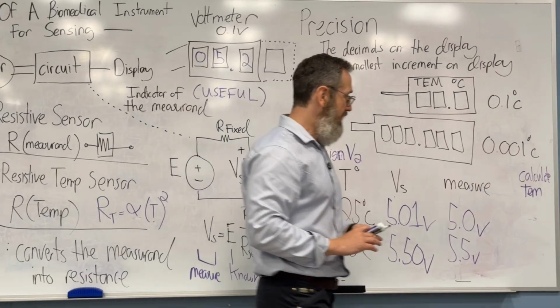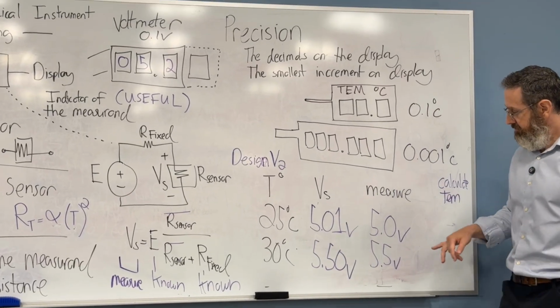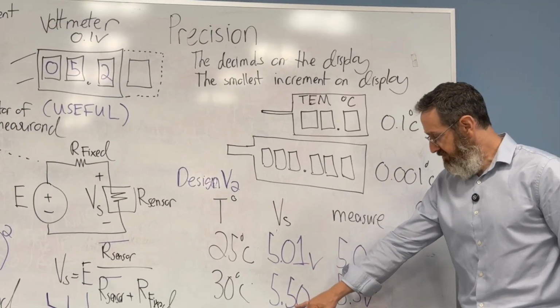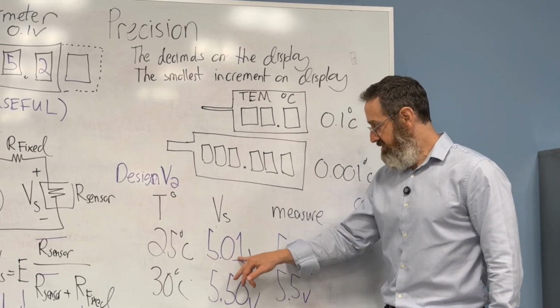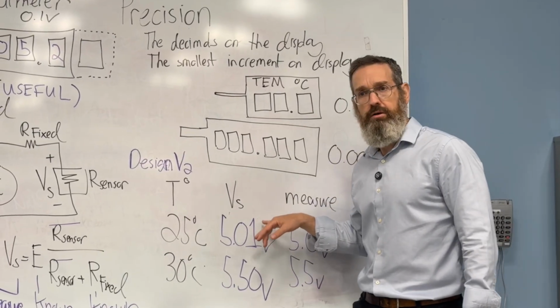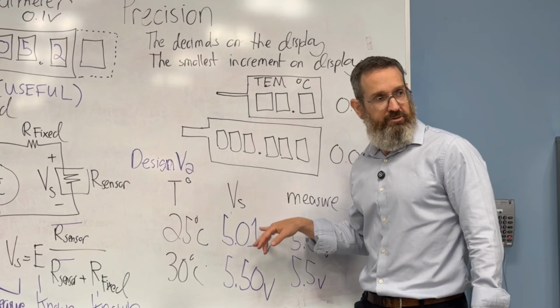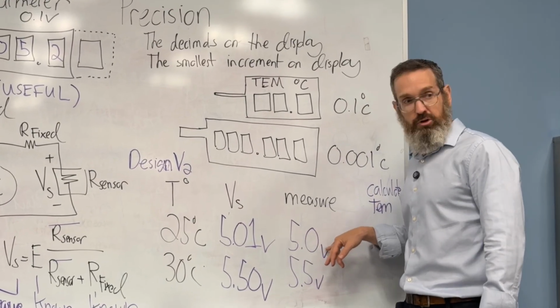All right, now I've created another problem though. This was 5.50, 5.5, very nice. This was 5.01, oh, but we cut off the one, right? We cut off the one. When we're looking at 5.0, we don't know what came afterward.